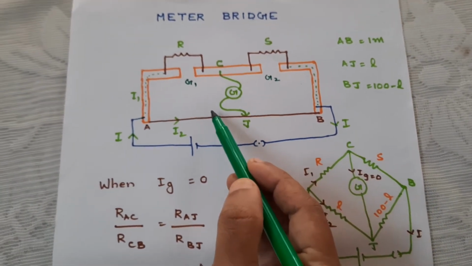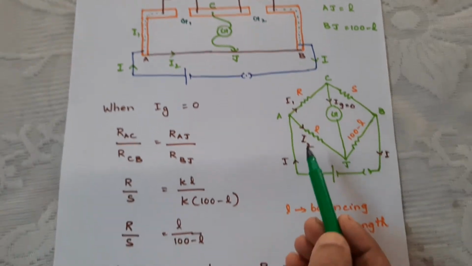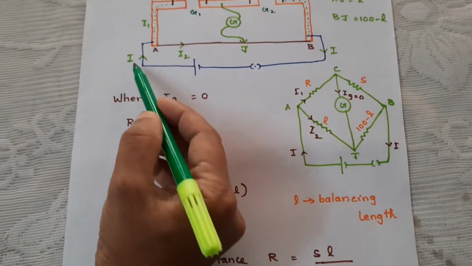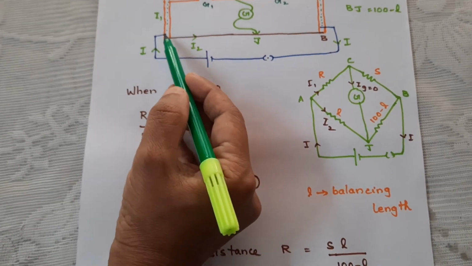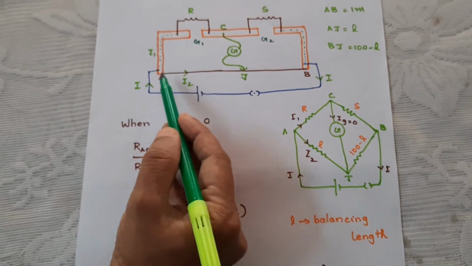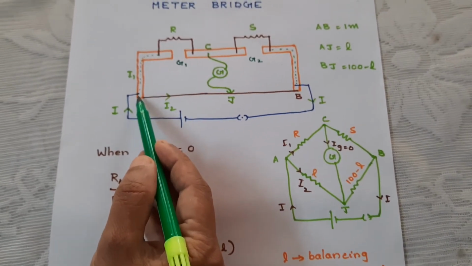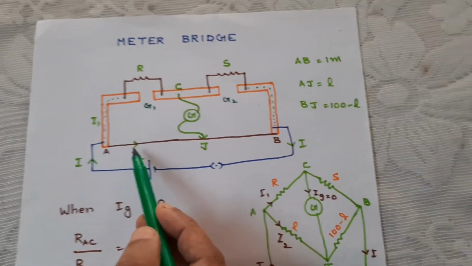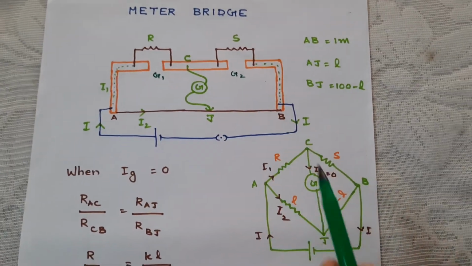Then we can compare the meter bridge with the Wheatstone bridge. Current from the cell divides into two, I1 and I2 at the point A. I1 flows through R and S, and I2 flows through AB.